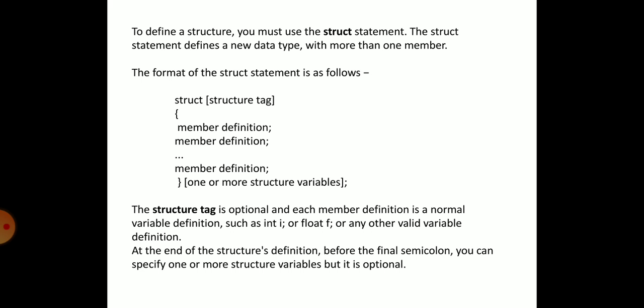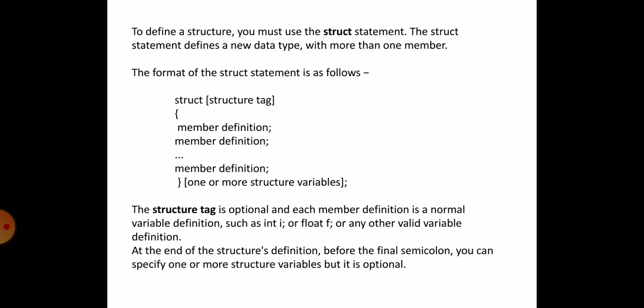So the format of the struct statement is struct, that is the keyword. The struct keyword is followed by the structure tag. Structure tag is the name that is given to the structure. Every structure would have a name, and the structure tag is a name given for that particular structure.